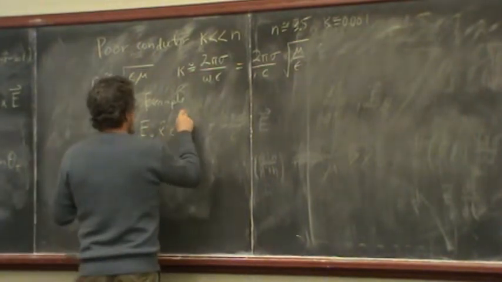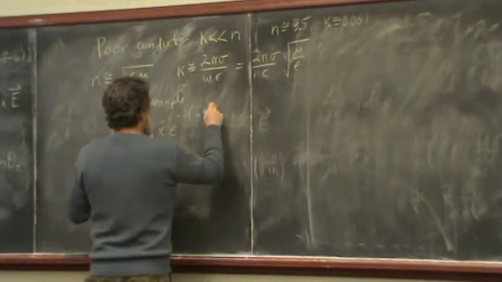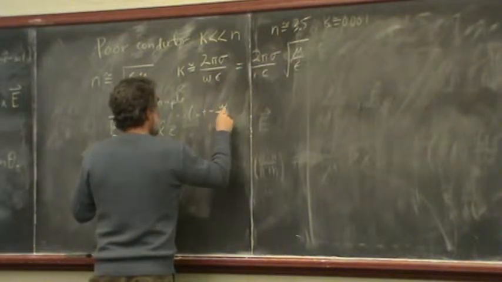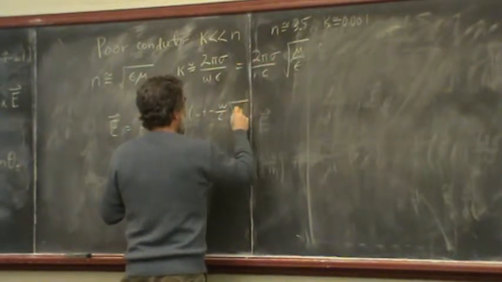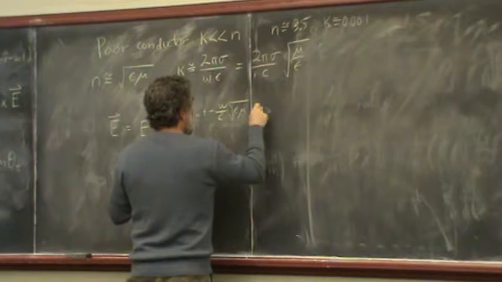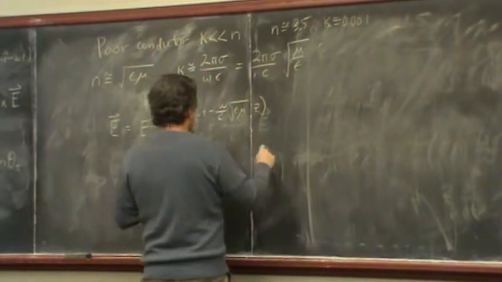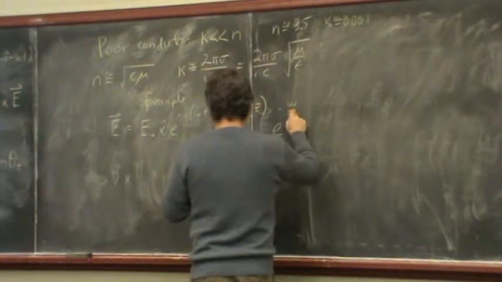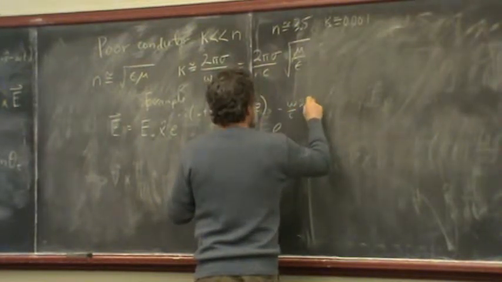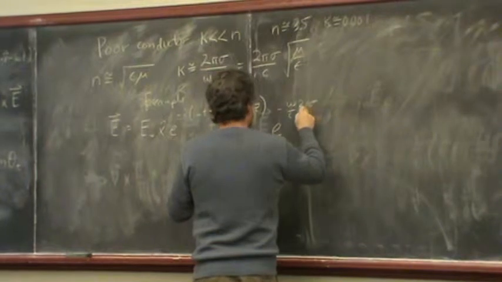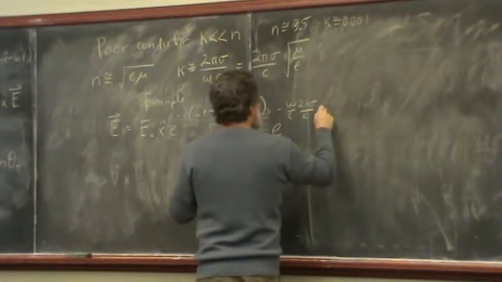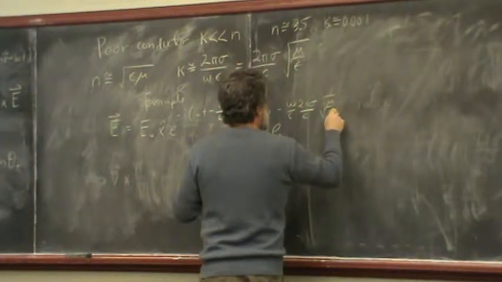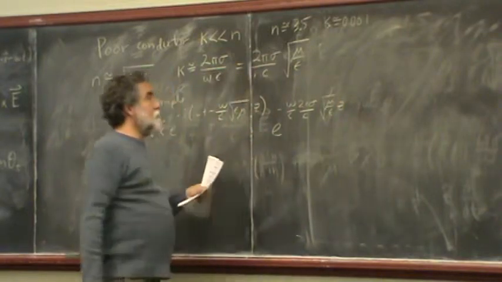E_x, e to the minus i omega t minus omega over c square root of epsilon mu z, times e to the minus omega over c kappa, 2 pi sigma over c the square root of mu over epsilon, z.